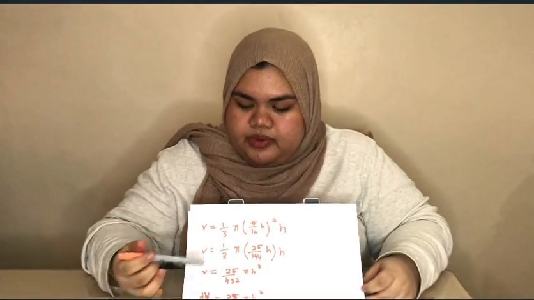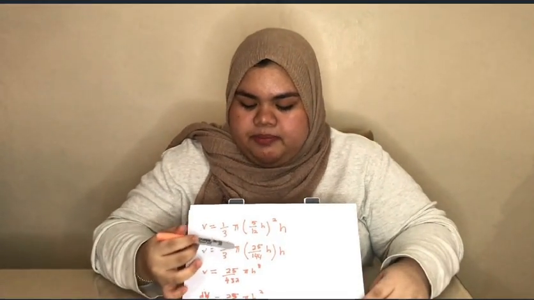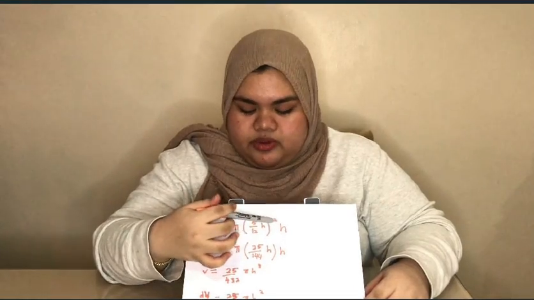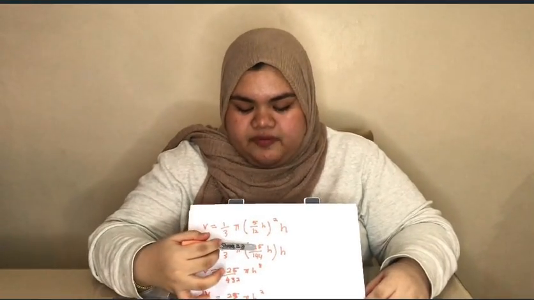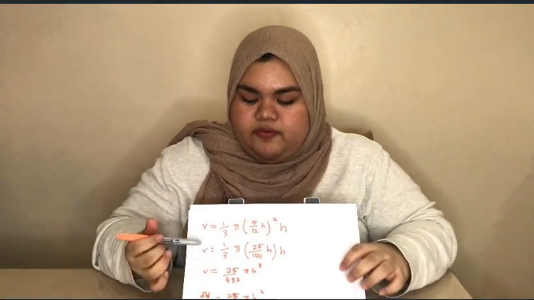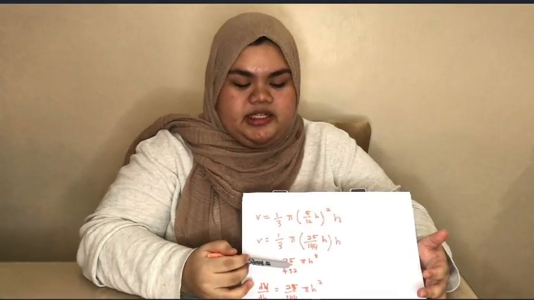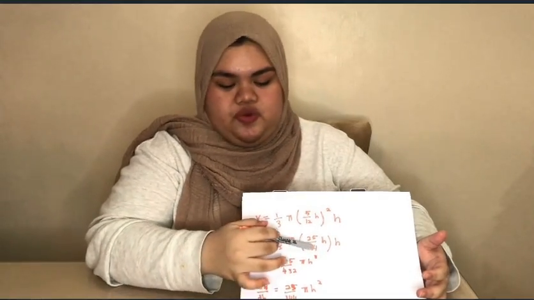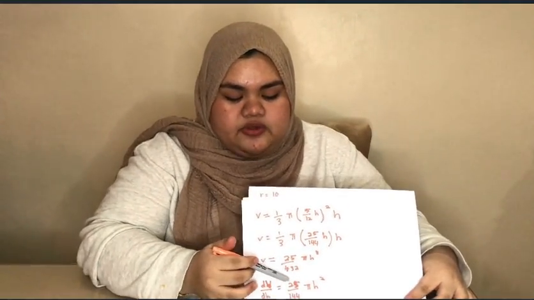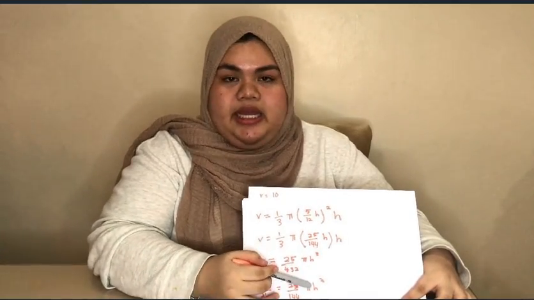Now we can calculate it. 1/3 pi, after we square it, we get 25/144 h. So the volume is 25/432 pi h cubed. So dV over dh is 25/144 pi h squared.